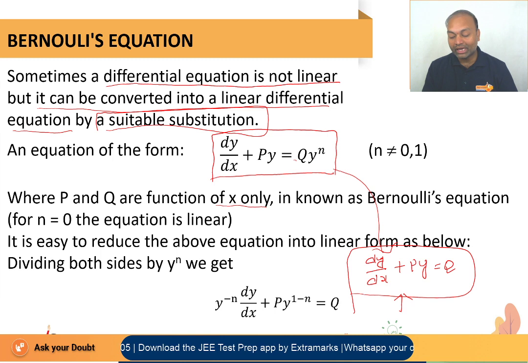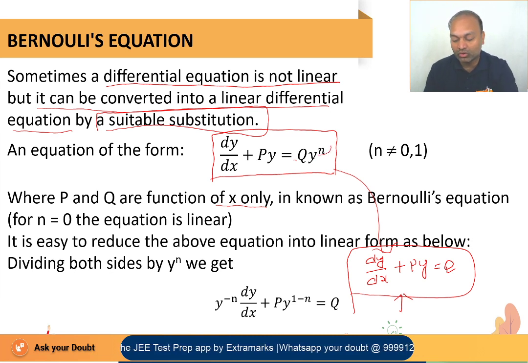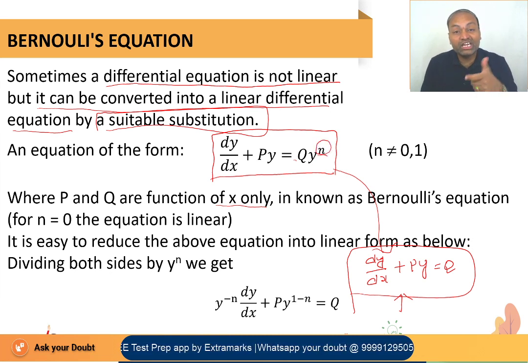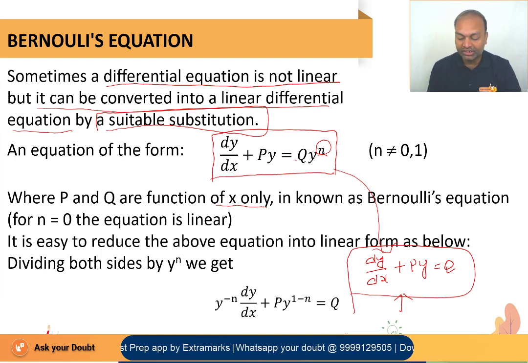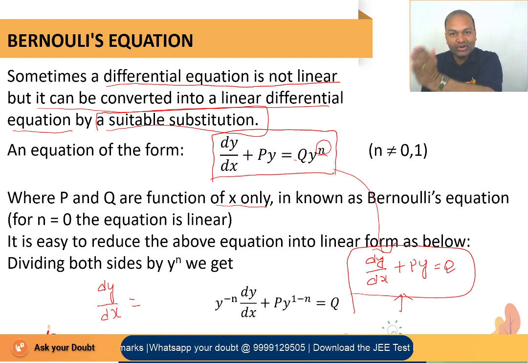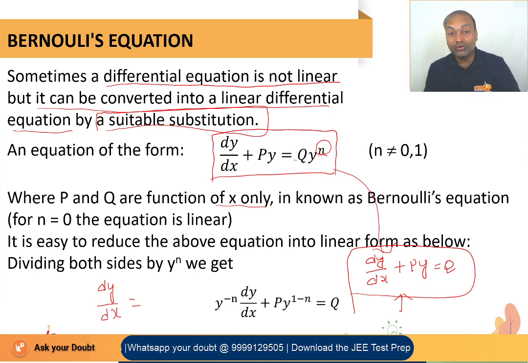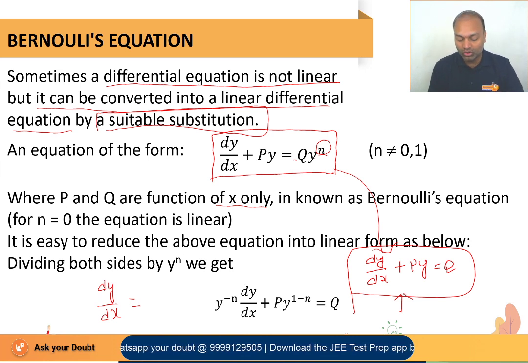Let us come to n not equal to 1. If n is equal to 1, what will happen? Just see, if you take n is equal to 1, then the equation becomes dy by dx is equal to minus py plus qy, shifting that term to the other side. Then the right side common term is y, so y into q minus p.